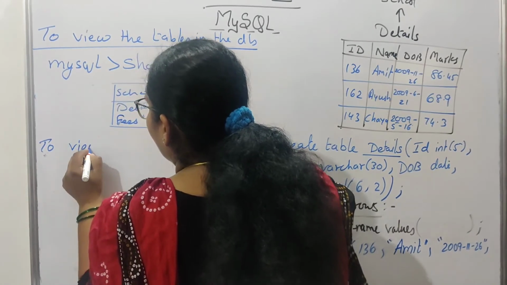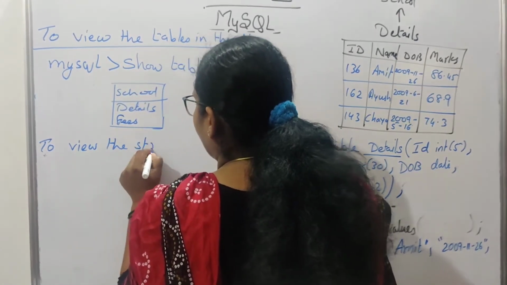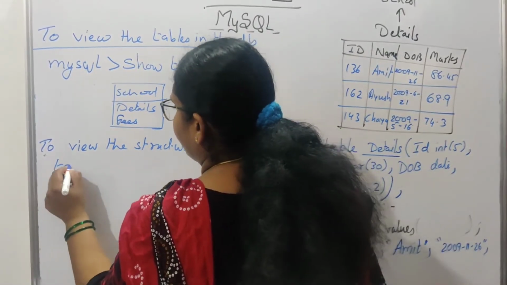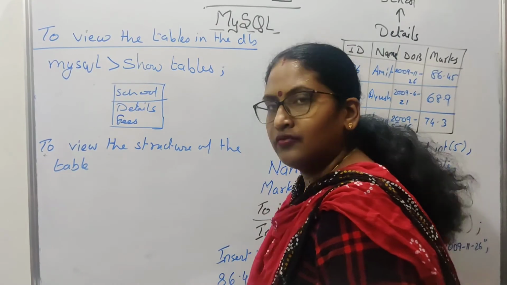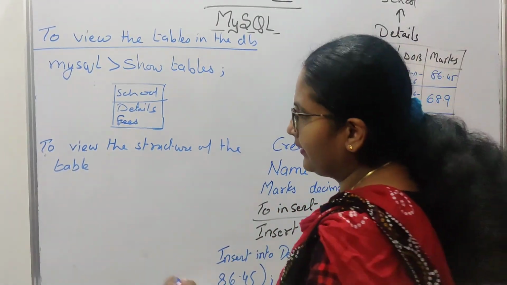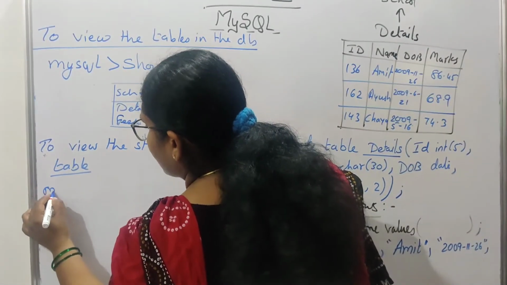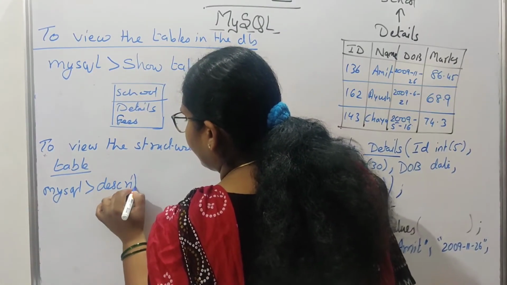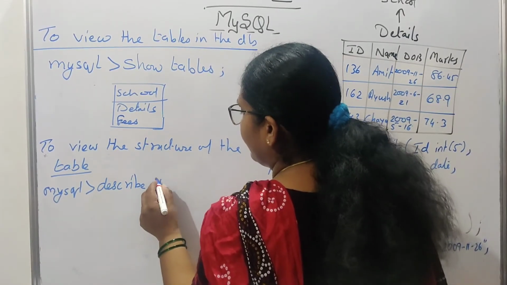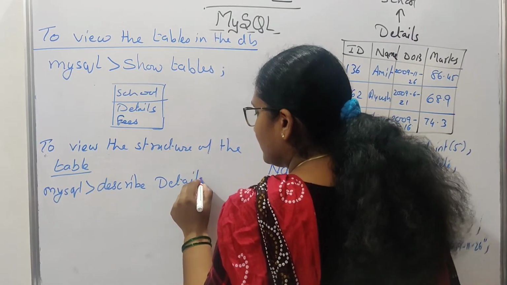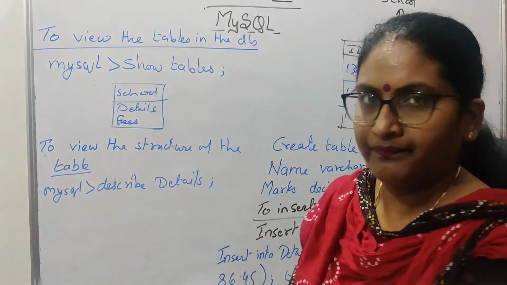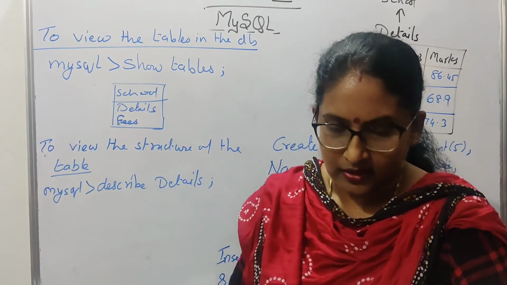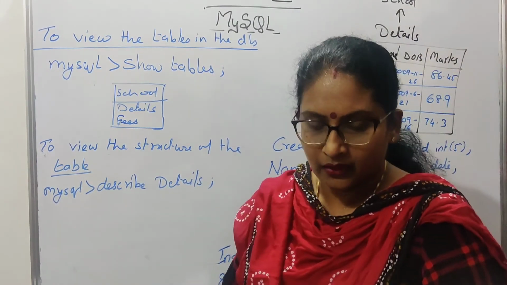To view the structure of the table, you have to write, at the MySQL prompt, describe. What you will write? Describe details, because details is your table name. So we want to see the structure.